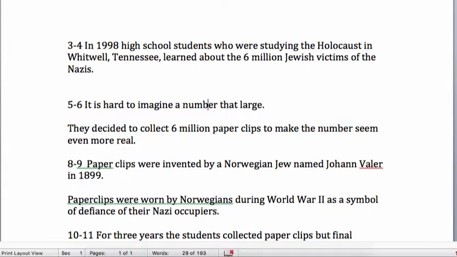So we got to do something to make a relative clause that's going to explain number. They decided to collect 6 million paper clips to make the number seem more real. A number. Get rid of this.